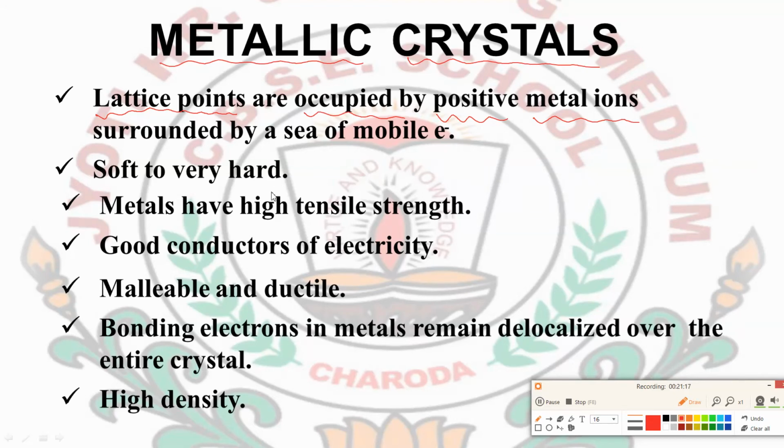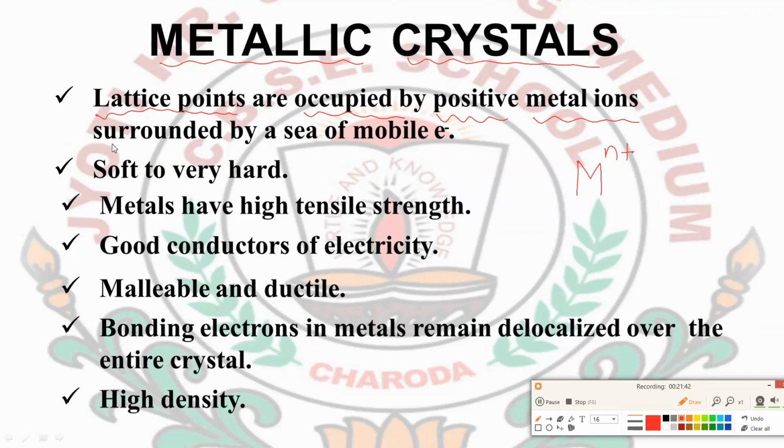As we know, metal ions are generally positive only. It is represented by M to the power n plus, where n is the number of positive charges gained by a metal.